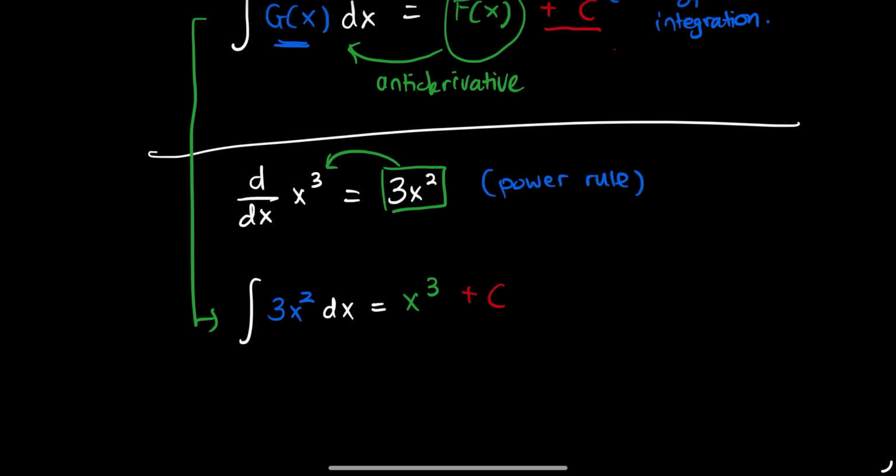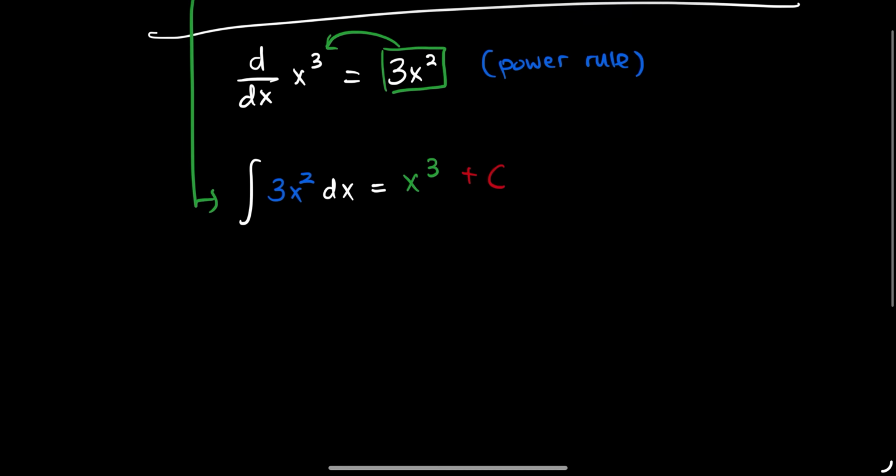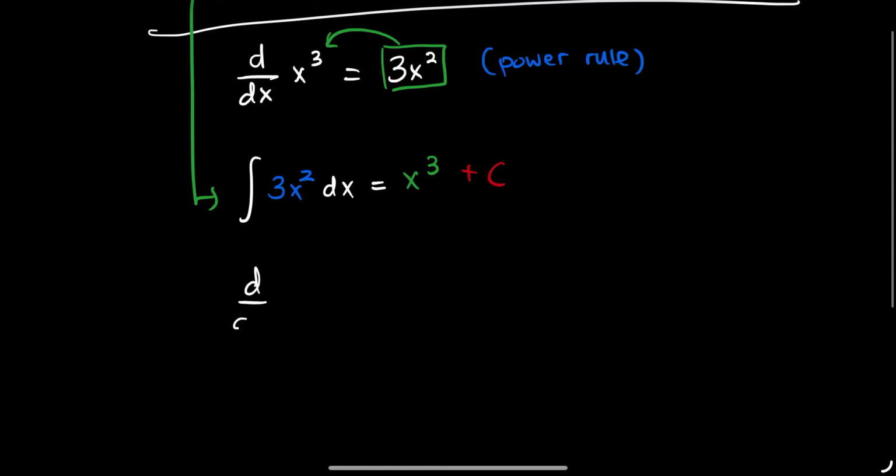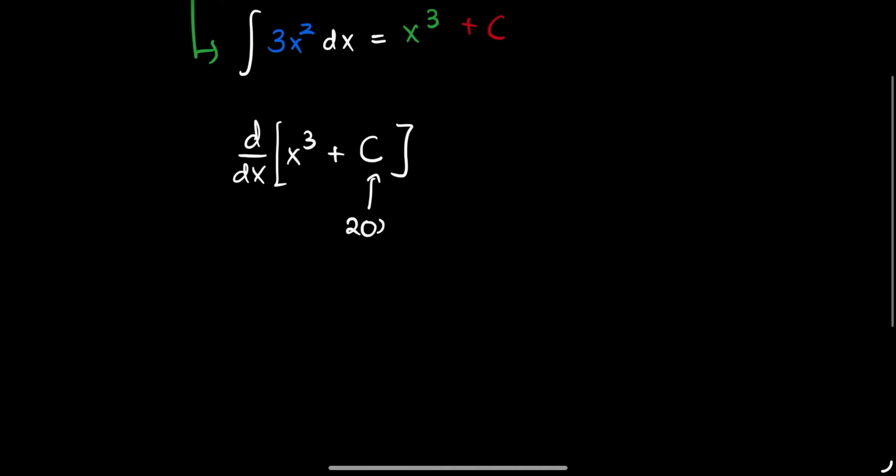plus c. So now, to understand where this plus c comes from, we must understand that if we were to differentiate d of dx of x cubed plus c, okay? And this c can be anything. It can be 2025, can be 5, can be e, can be anything.